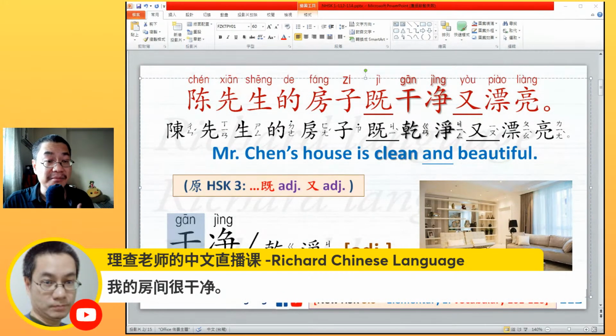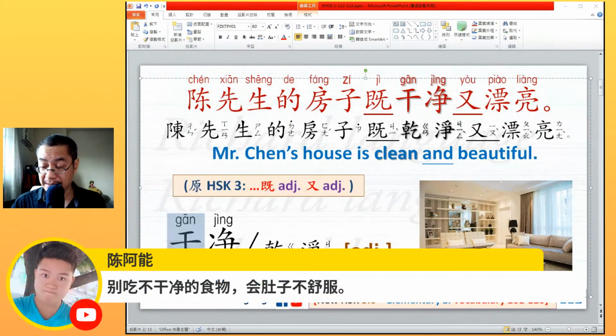So I can say, my room is tidy. 我的房间很干净。Okay? 阿能，别吃不干净的食物，肚子会不舒服。Don't eat dirty food.